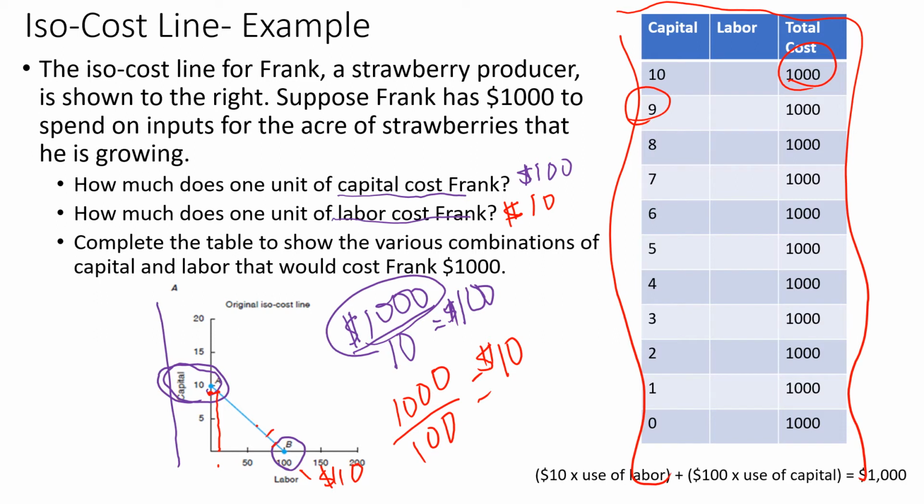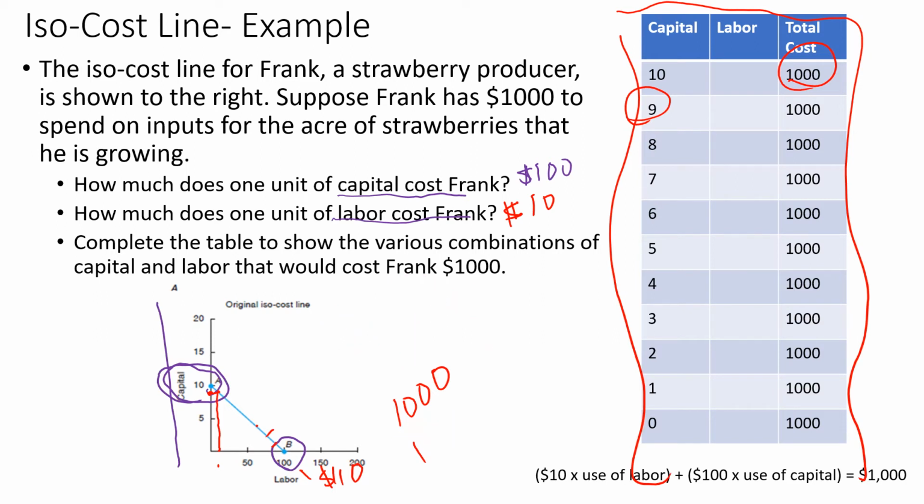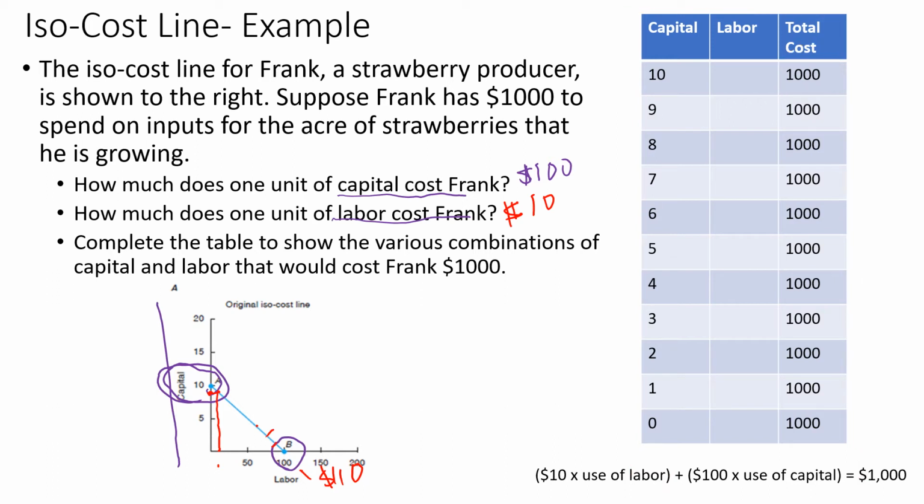So how we can calculate this out is we know that the capital costs are $100, so 10 times 100, that's $1,000. So if he's already used all of his $1,000, we know that he can use 0 units of labor in that case.